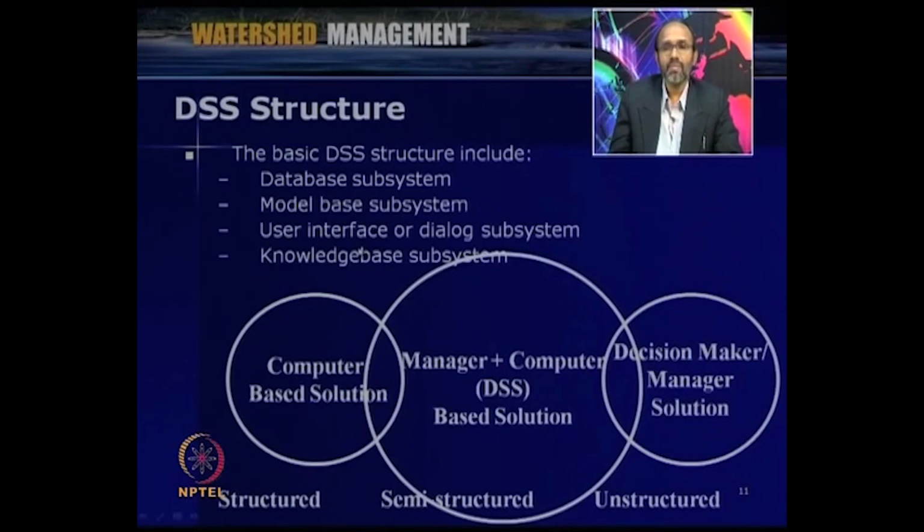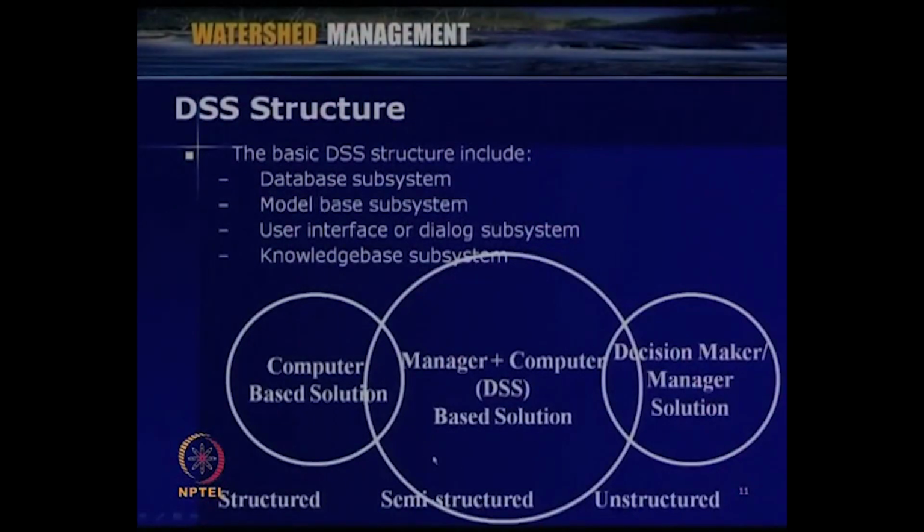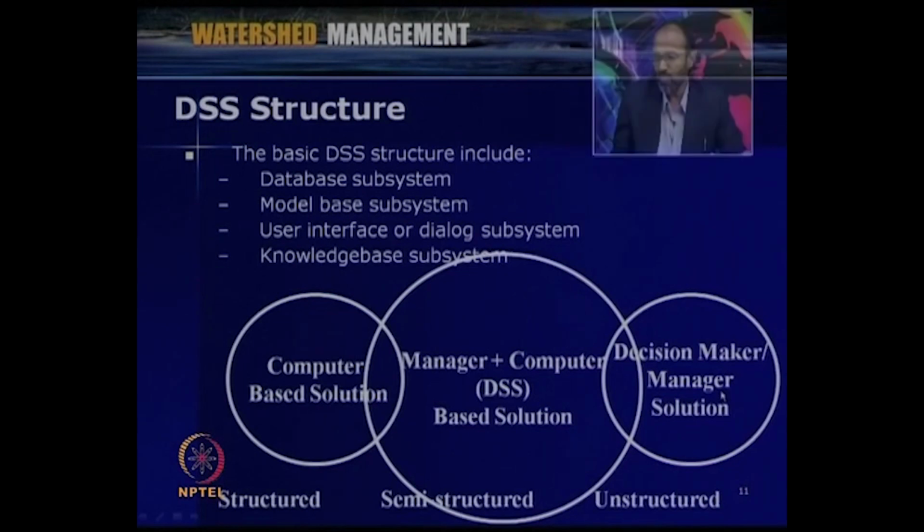When we look into a decision support system, we can see that it is actually a semi structured system. That means it is not fully computerized, where the computer takes the decision. No, a decision maker is there. It is a system which helps the decision maker to take the decision. In this slide I have shown, for example, an unstructured system, where the manager has to find the solution on his own, with no support system.